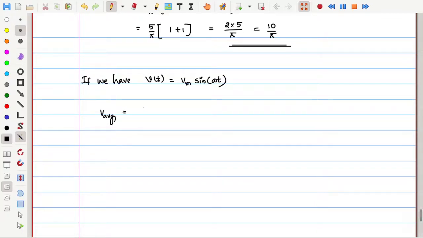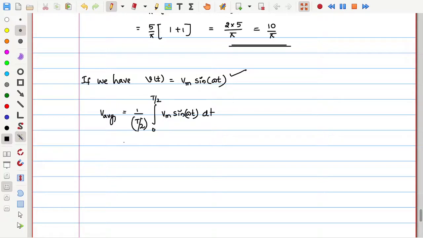Because this is a symmetric waveform, I will go with 1 by T by 2 integral over 0 to T by 2 of Vm sine omega t dt.